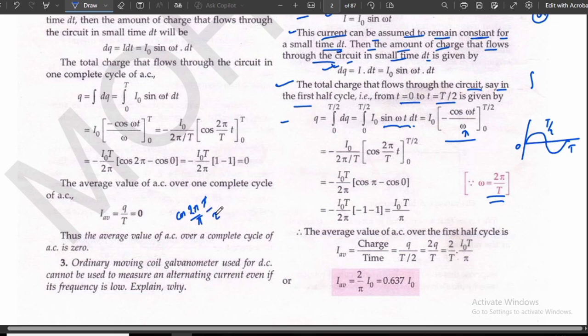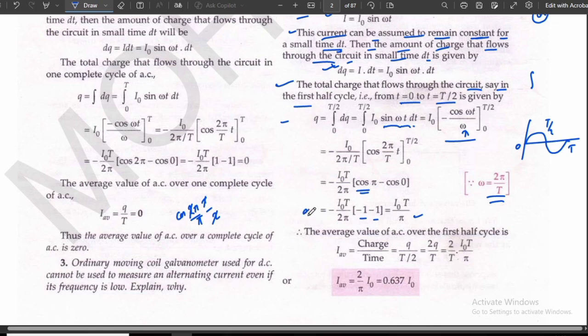T and T get cancelled, 2 and 2 get cancelled, so we get cos pi, and in the lower limit it will be cos 0. Now cos pi is negative 1, minus cos 0 which is 1, so it will be minus 1 minus 1, which gives minus 2. The minus gets cancelled, and 2 and 2 get cancelled, so it will be I0 T by pi.